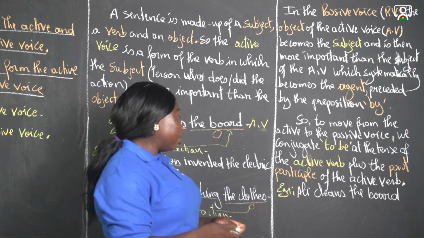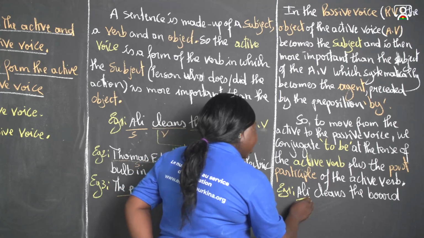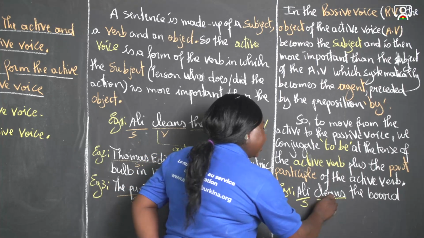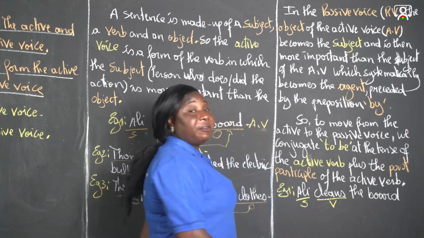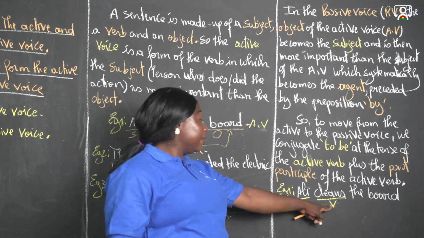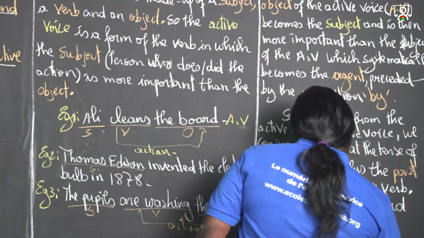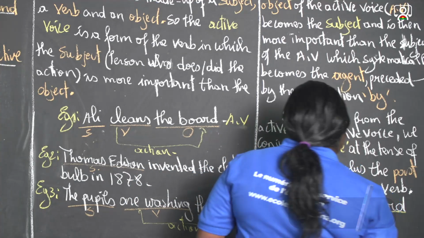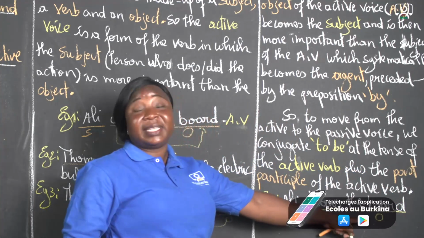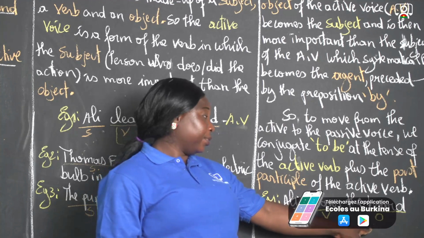Ali cleans the board. Ali is the subject. Cleans is the verb, conjugated in the simple present. And we have the board, that is the object complement here.